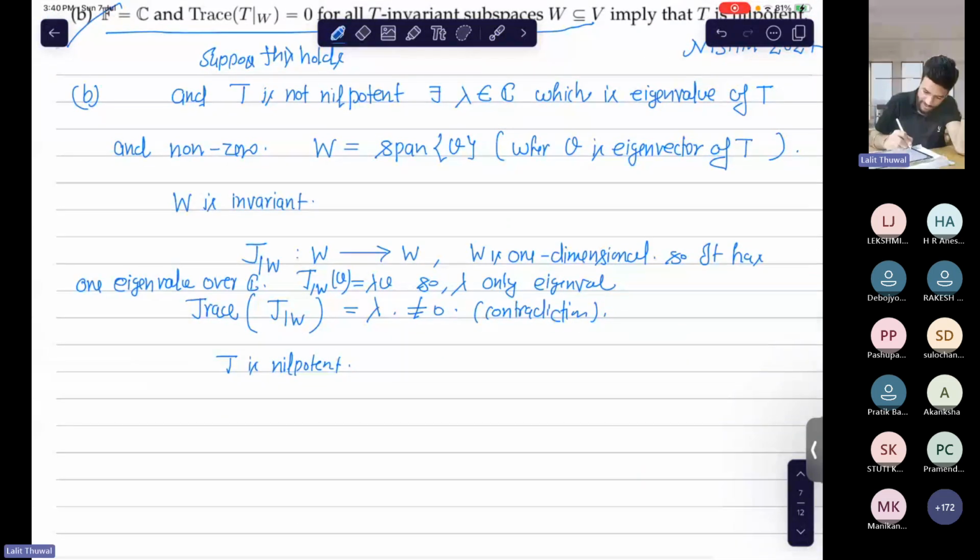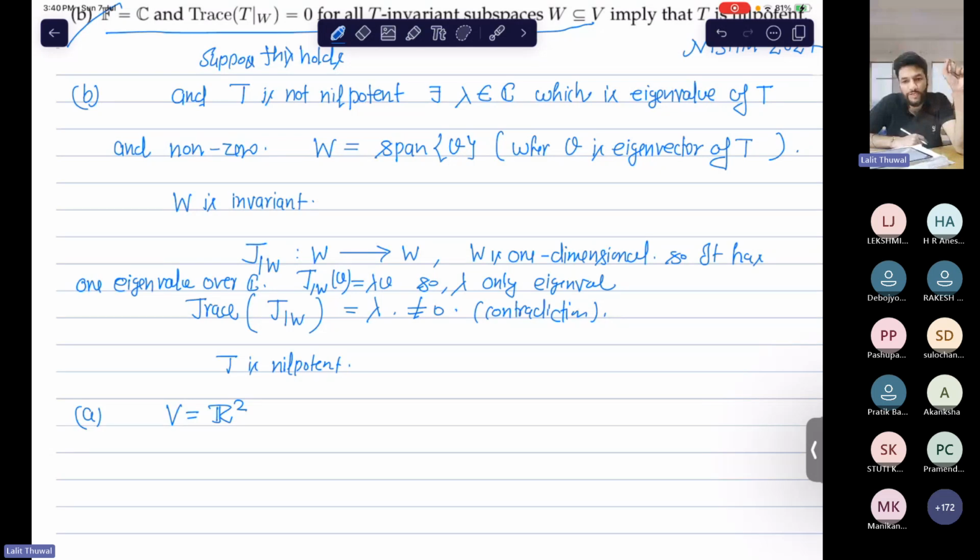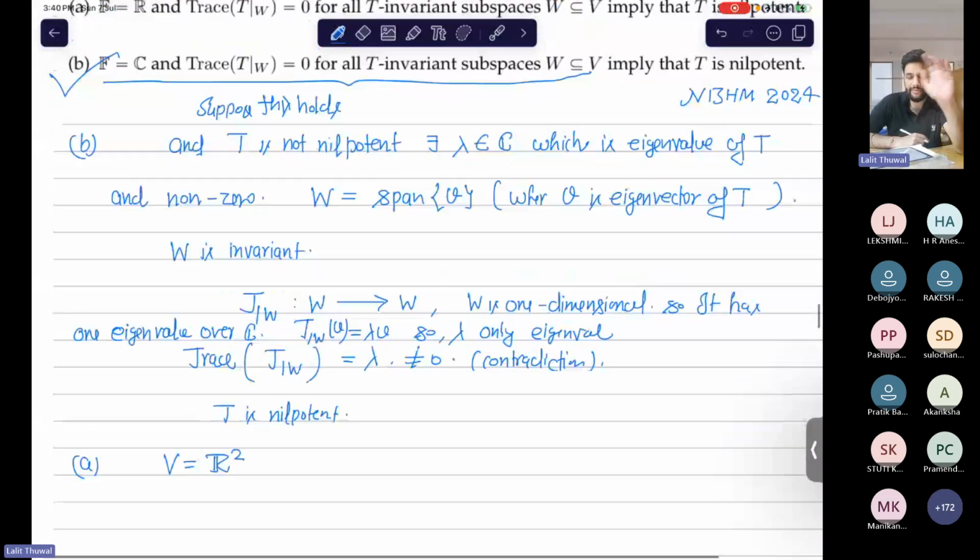So let me first take V equal to R square. Okay. So do you know this, that if a one-dimensional subspace of R square, or Rn, is T invariant, then it is generated by some eigenvector.